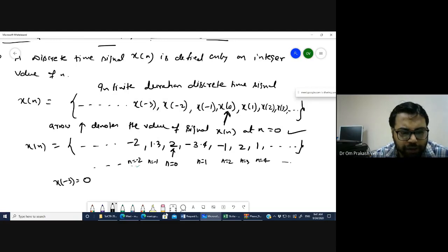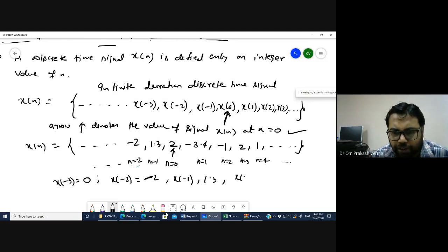So what is the value of x[-3]? x[-3] is 0. What is the value of x[-2]? This is -2. What is the value of x[-1]? You can say 1.3. What is the value of x[0]? The value of x[0] is 2.